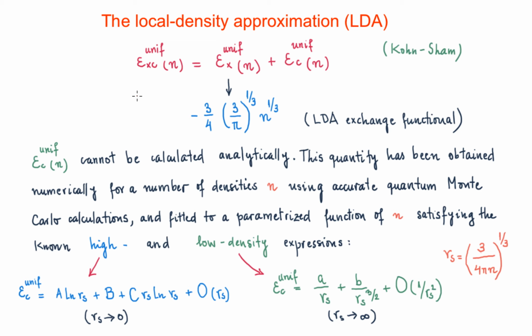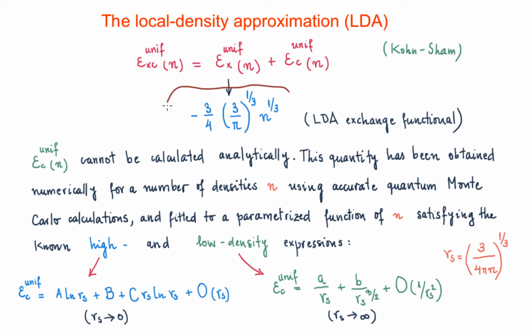But considering the uniform electron gas within the Kohn-Sham model, where we have this fictitious system with non-interacting electrons, the wave function for that system is going to be the Slater determinant, which is built with plane waves. And that Slater determinant is the same as the one we used for the Hartree-Fock model.